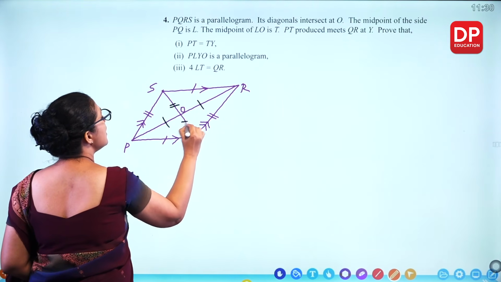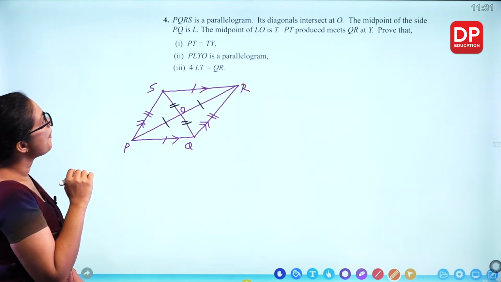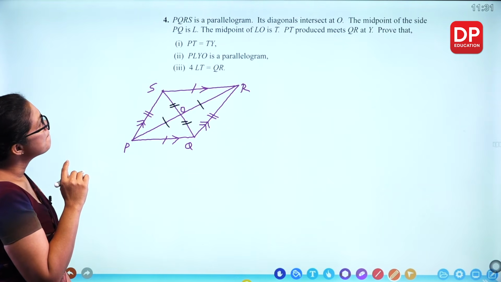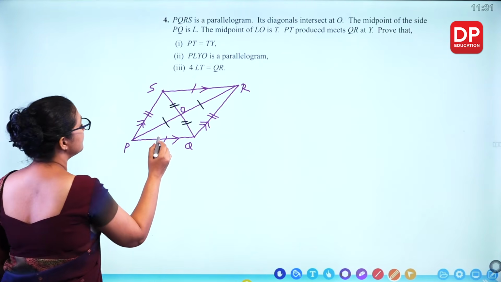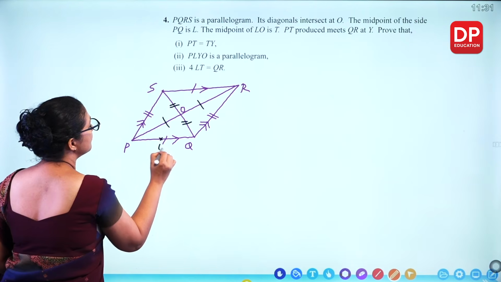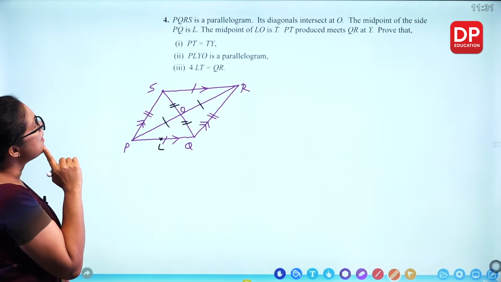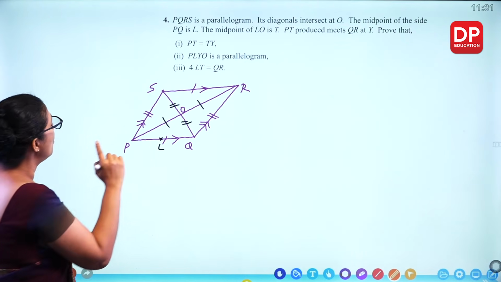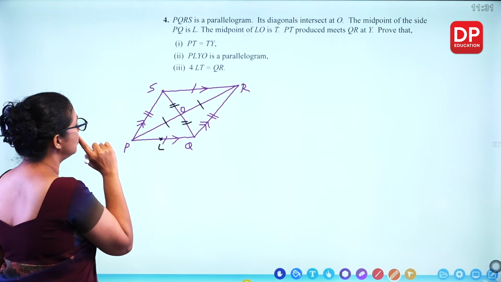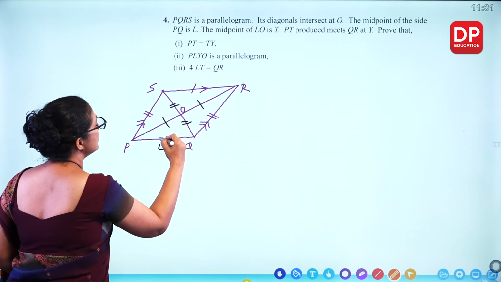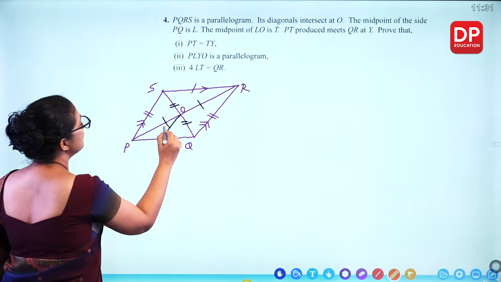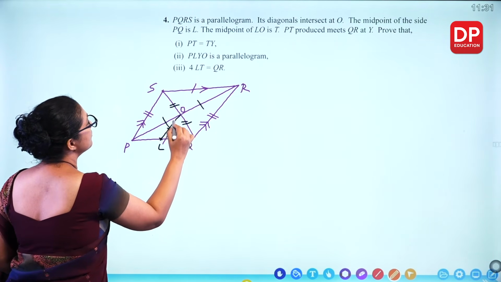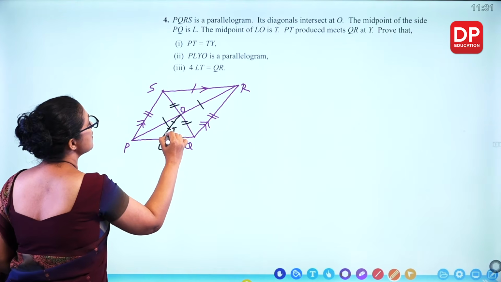In black, these two are equal. Then the midpoint of the side PQ is L. The midpoint of LO, this one is T. So this one is equal to this one.